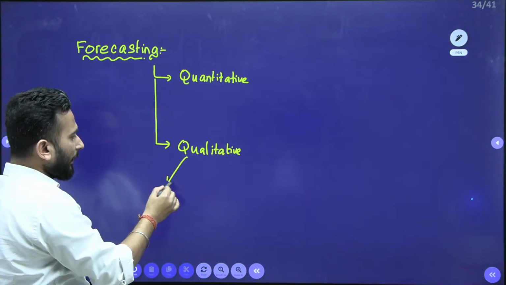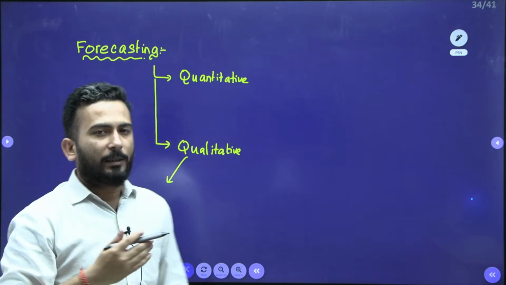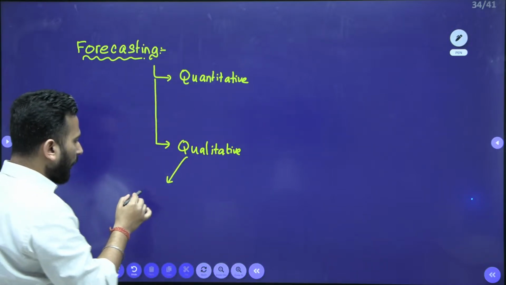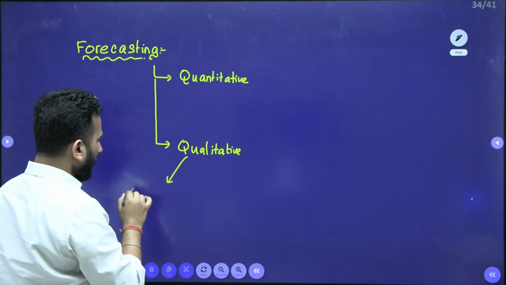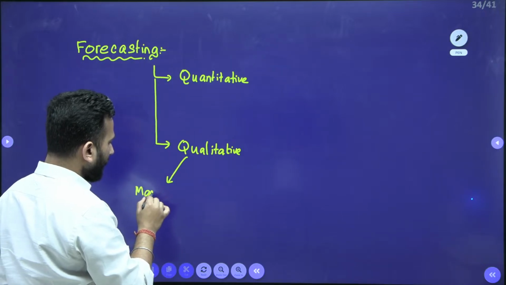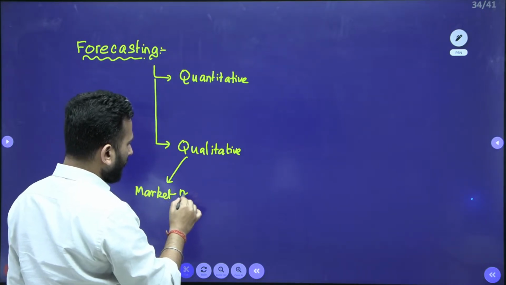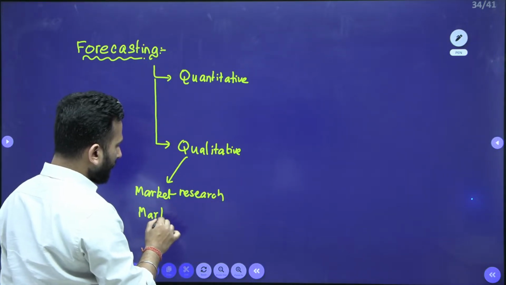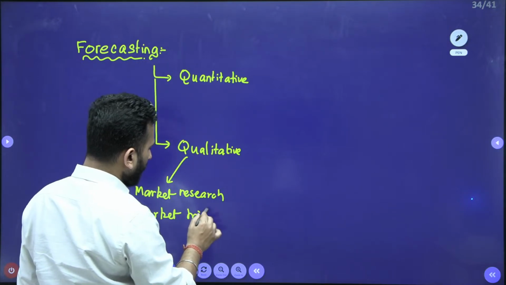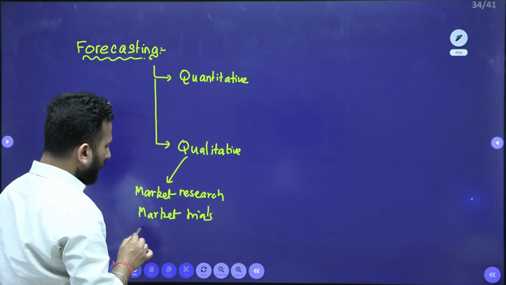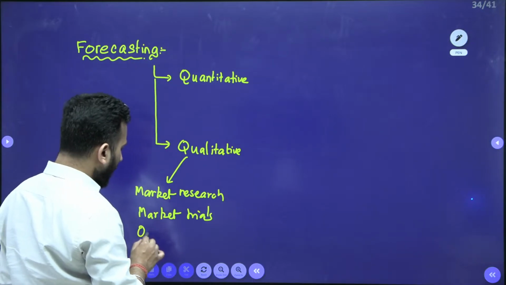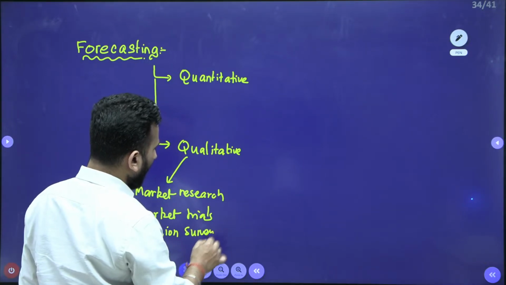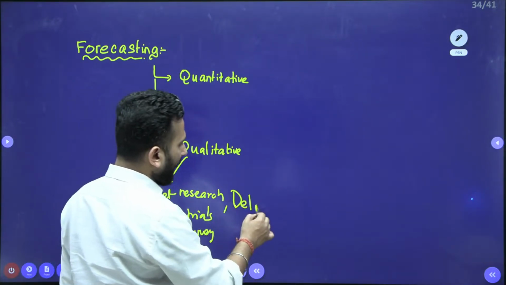In qualitative methods, that means the methods which are based on human judgment, it is what? Market research, market trials, then opinion survey, and then the most important Delphi technique.